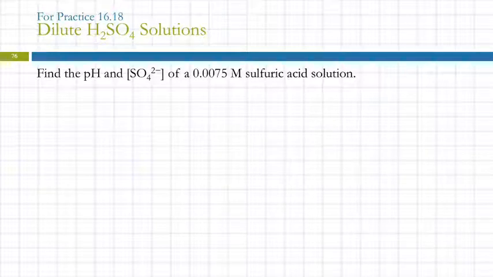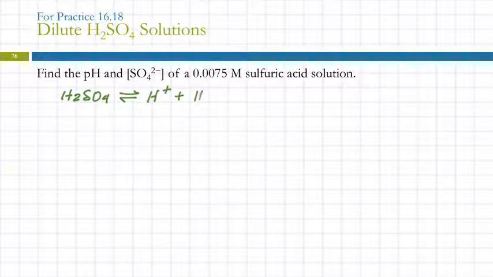Okay, so we're going to make a nice table. Of course we are, because that's what we do. So H2SO4 goes to H plus and HSO4 minus. There's no Ka for this because this is strong, so this is not an equilibrium. It goes all the way.